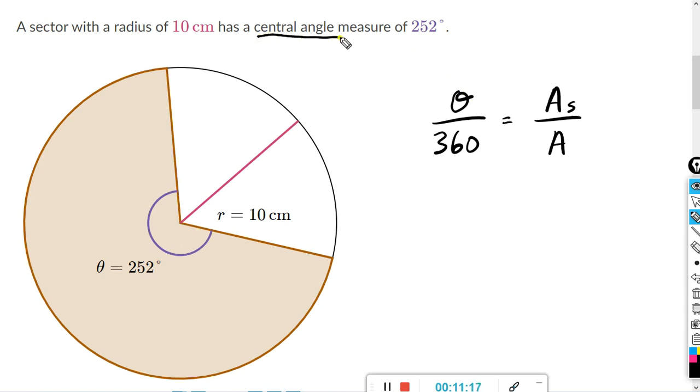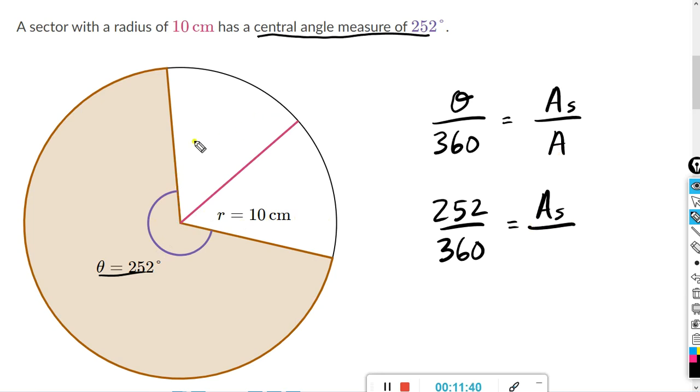Okay, the central angle is 252, and you can see it in the diagram. So for theta, it's 252. That's divided by 360. The area of the sector, we don't know. All right, we're solving for this area in purple, by the way. That's the sector. And the area of the circle, we can easily find.